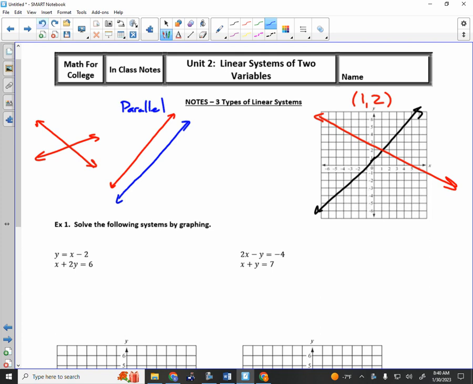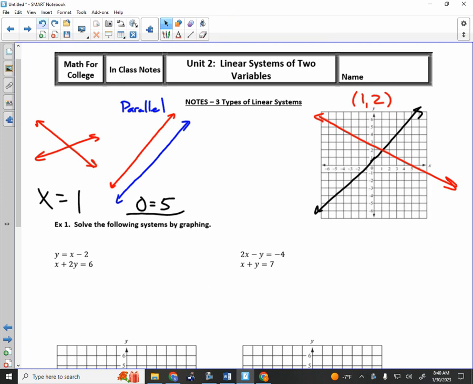In fact, if you solve them, you come up with something like 0 equals 5. Does 0 equal 5? No, it never happens. So when you're solving a system, if you come up with something weird like that, you can say they don't cross. In this case, you come up with, say, x equals 1, a normal solution.